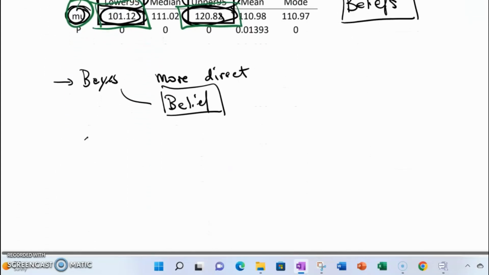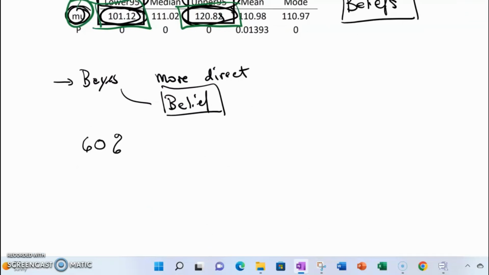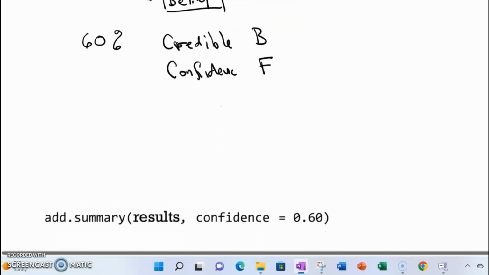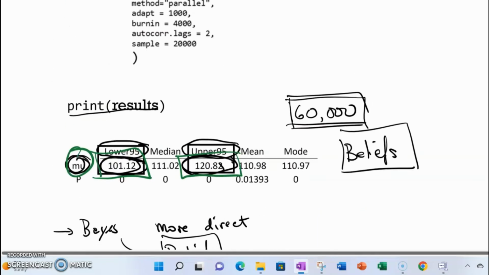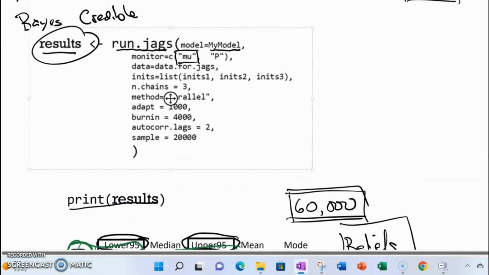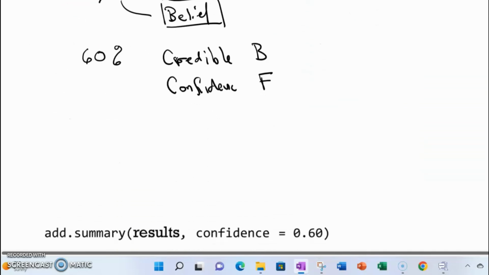Now, this is kind of what goes through my mind, and I'm not 100% sure that it's correct, but I think it's informative to think about a 60% credible interval versus a 60% confidence interval. So you've got the Bayesian versus the frequentist. We've got this object called results.